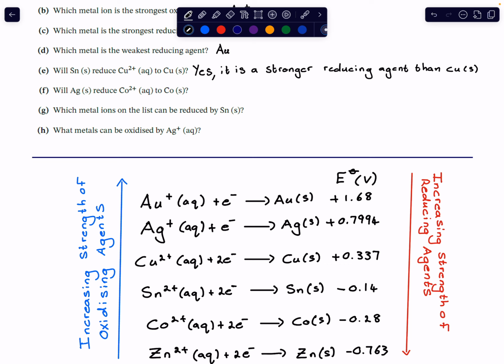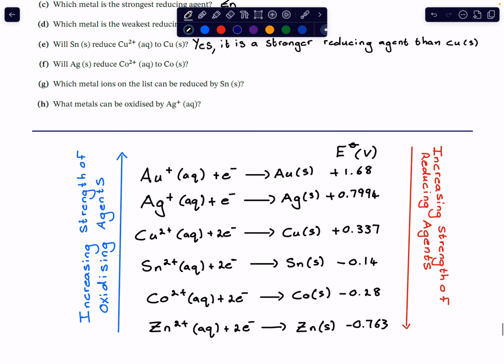All right, next question is, will silver solid reduce cobalt 2 plus to cobalt solid? All right, so where is silver solid? Here's silver solid, and cobalt 2 plus is over here. And here we see no. So cobalt 2 plus is below the silver.